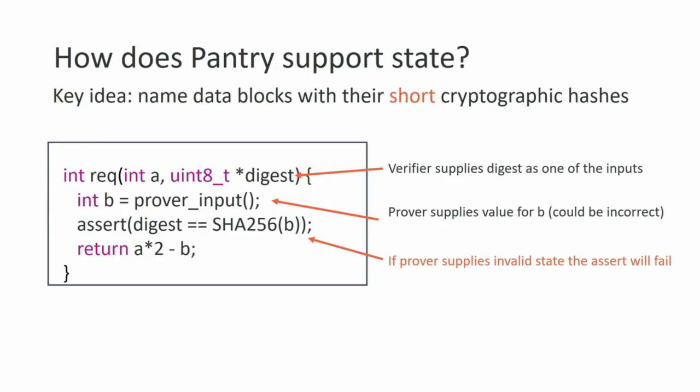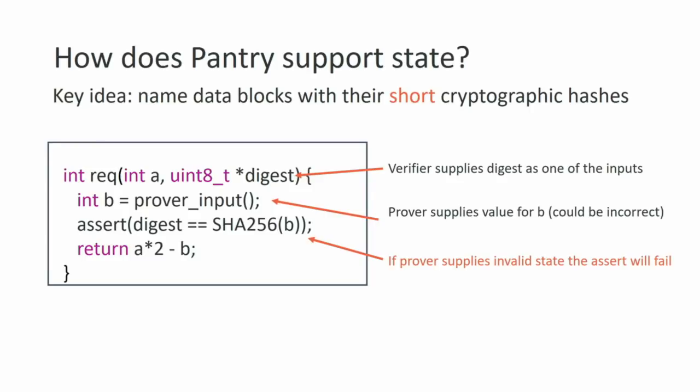It takes as input a digest, and then the prover or the service can supply state. Of course, because the service is untrusted, it can supply any state to this program. But there's an assert statement that checks if the digest supplied by the verifier equals the cryptographic hash of the block supplied by the service. And if the service supplies the correct state, this check passes, otherwise this check fails.